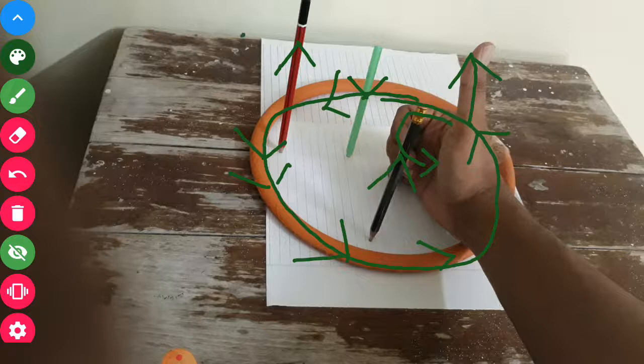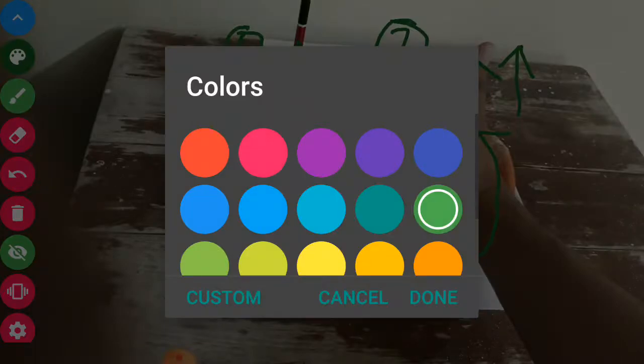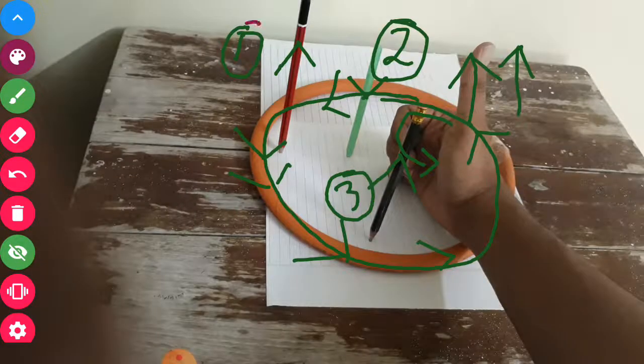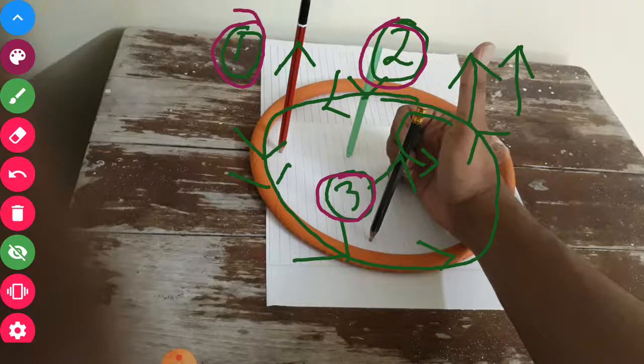The current in the first is in upward direction, the current in this third conductor is in upward direction, the second is in downward direction. So you have to take the currents which are in the direction of your thumb. These currents, meaning the upward direction currents, are taken positive. And the current which is in the downward direction is taken negative.